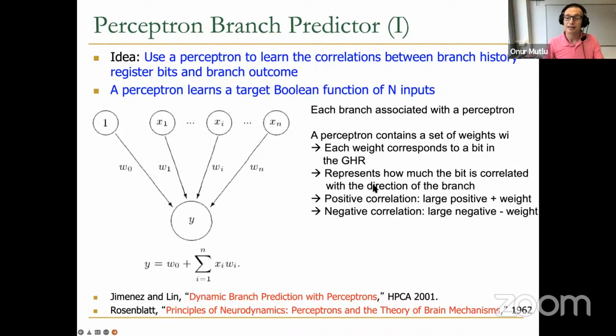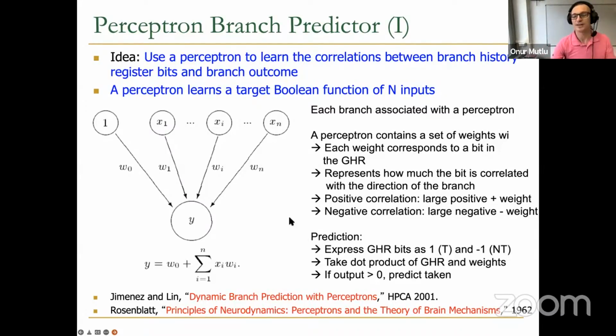If you have a large negative weight, that means this bit in the branch history register has a large negative correlation, meaning if the branch history register says taken, perhaps the outcome should be not taken. And depending on the strength of the weight, the correlation is that much higher or lower. Okay, so hopefully this is clear.